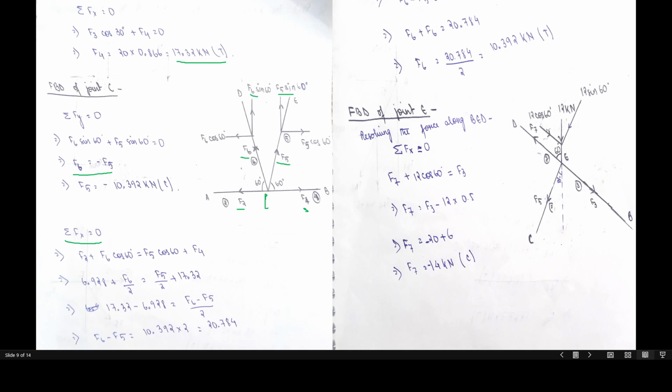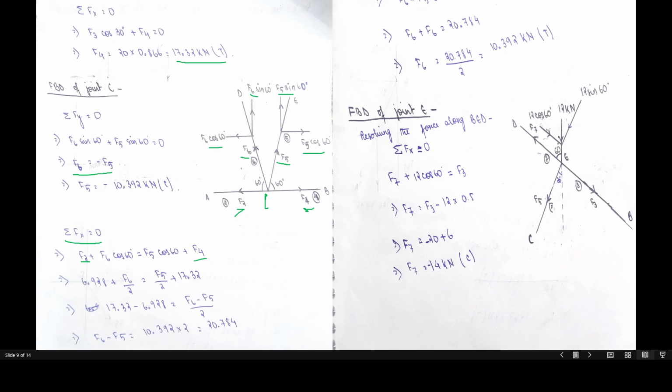So the ones in the same direction will be added up, and F6 cos 60 degree will add up, and this will be subtracted from that one. So we can simply write F2 plus F6 cos 60 degree minus F5 cos 60 degree plus F4 equals 0. Or I just changed the sides and wrote it directly this way. Then we already have the value of F2 and F4. We will substitute it and find the value.